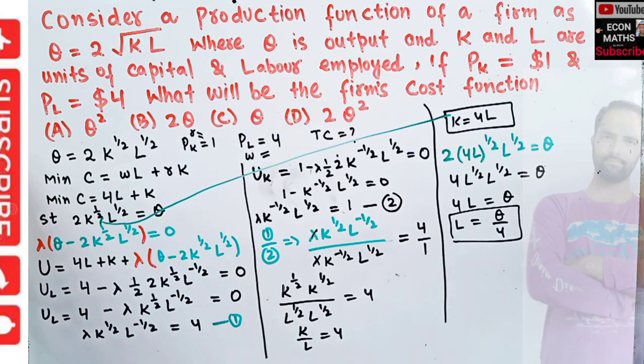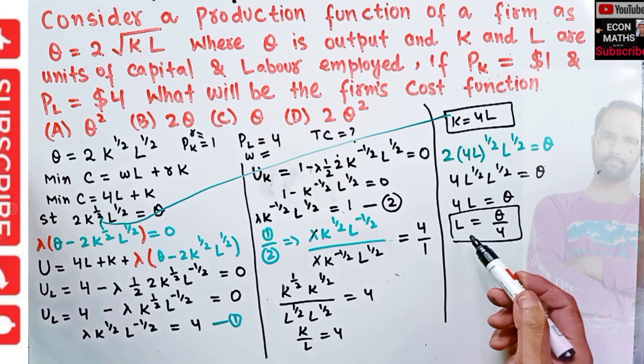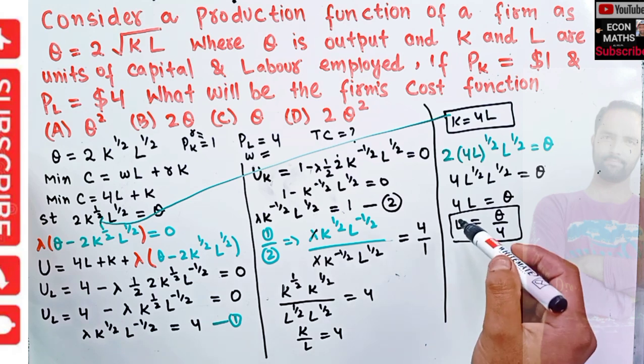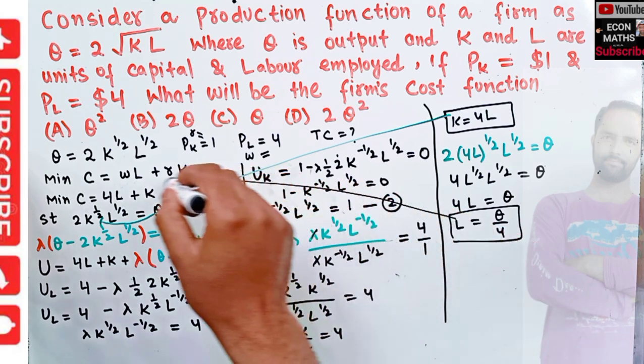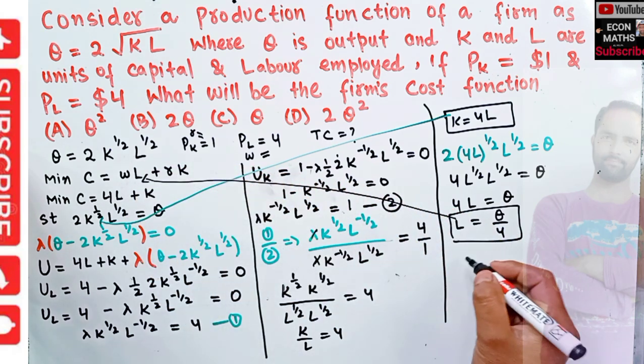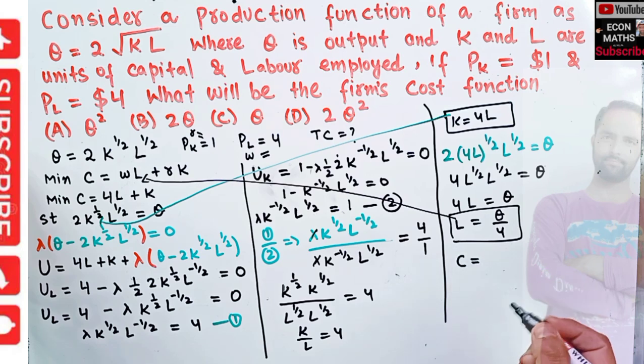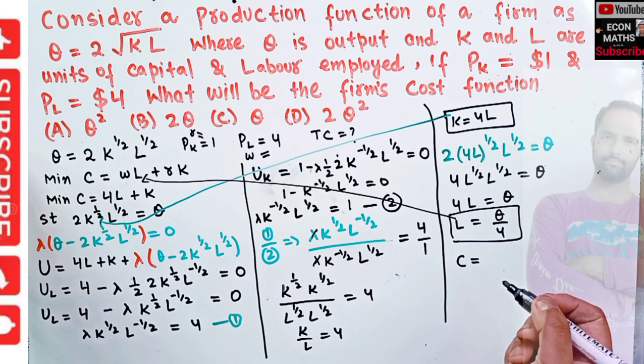After that, we plug the value of L is equal to Q upon 4 into the cost function. Okay, here. That means our C will be equal to, am I doing it correctly? Let me see.